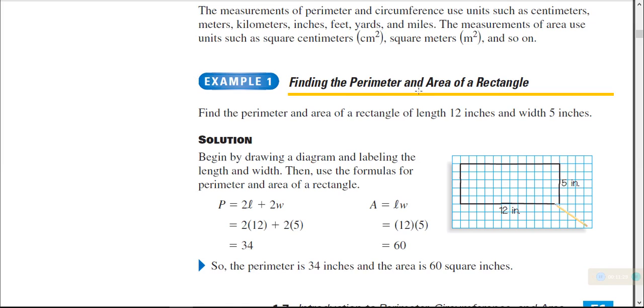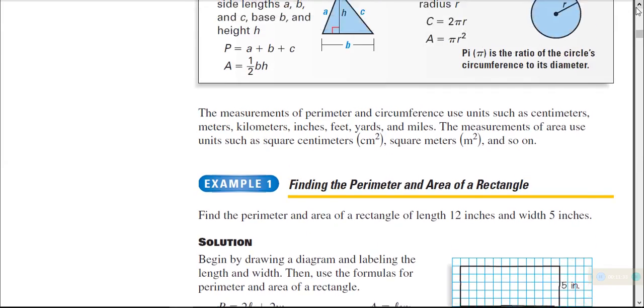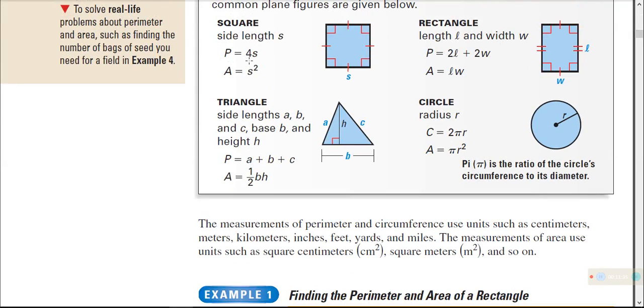So, example number 1, finding the perimeter and area of a rectangle. Si perimeter, kahit makalimutan mo itong mga formula mo na nandito, 4S, 2L, P is equal to ABC for square, rectangle, and triangle, okay lang. Kasi ang titingnan mo lang naman, yung sukat ng mga nag-enclose sa kanya. So, lagi mo lang silang i-add.